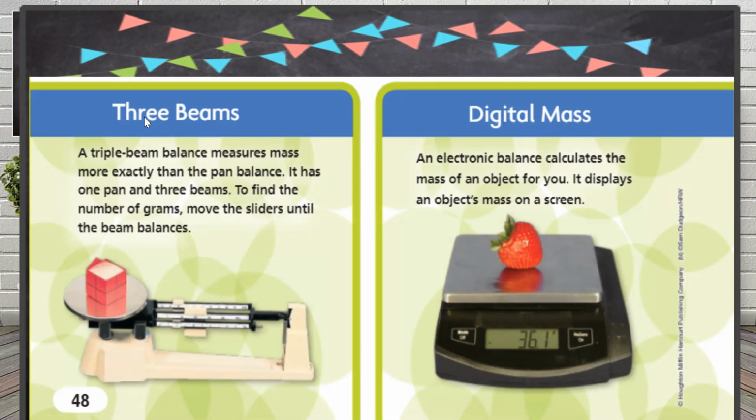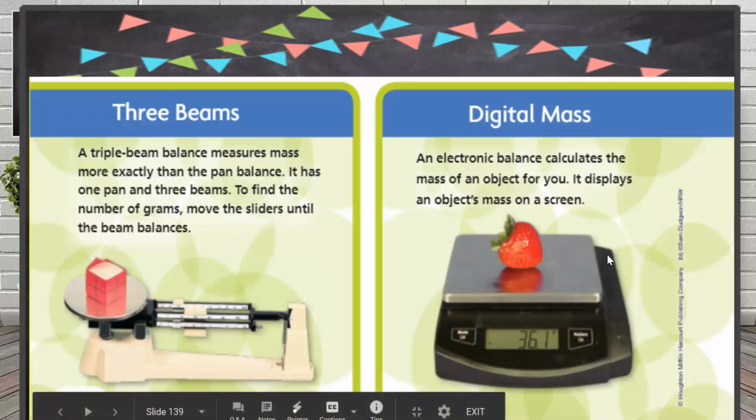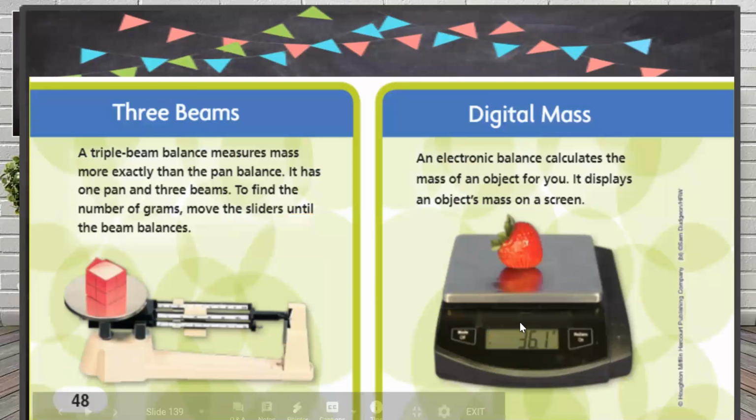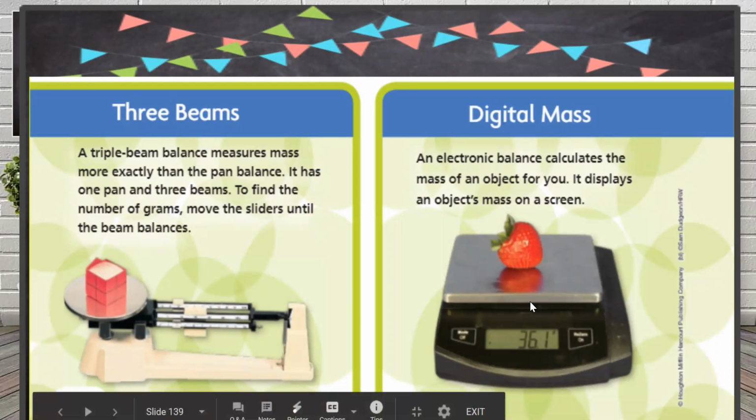Over here we have the triple beam and a digital mass. Do you know what a digital mass is? Have you ever seen one? In the kitchen? In the supermarket. Excellent, in the supermarket. You measure the fruit. This is a digital mass.